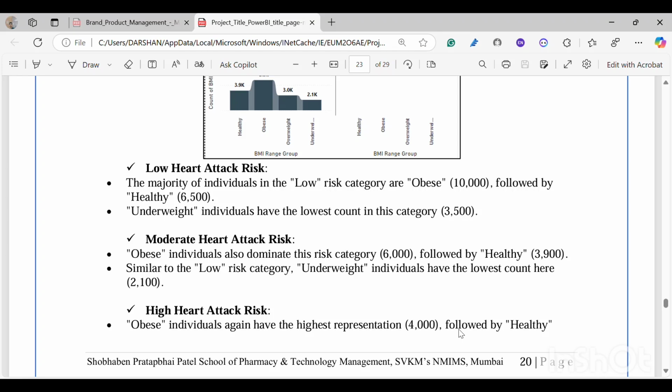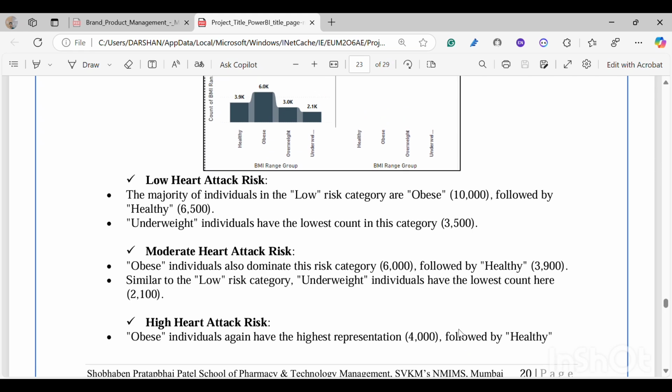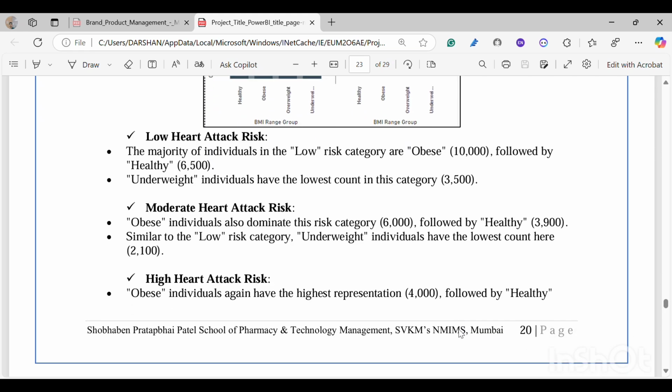If you have a high heart attack risk and fall under the obese category, there is something you need to consider: the obese category has the highest representation, with 4,000 individuals, followed by the healthy category.